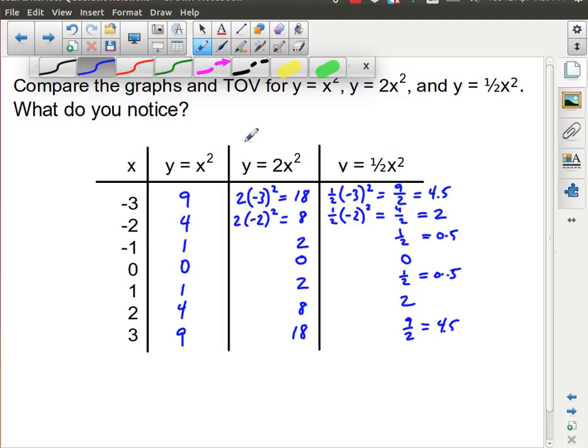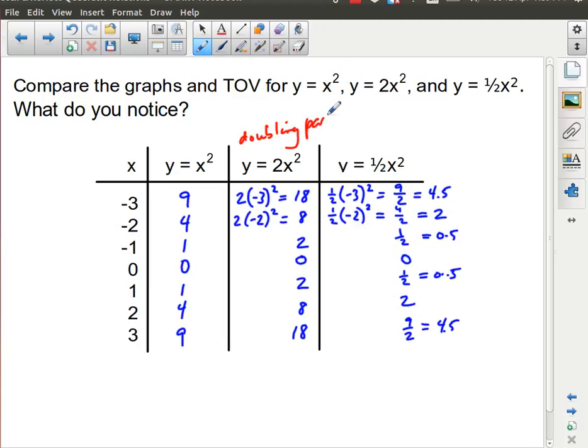Well, here we're simply doubling my y value from before. So I'm doubling the parent, let's say. And here I'm halving, which means I'm cutting the parent in half, or I'm dividing the parent by 2.